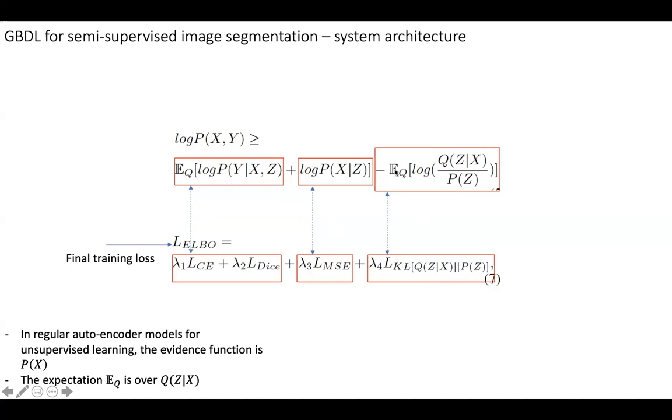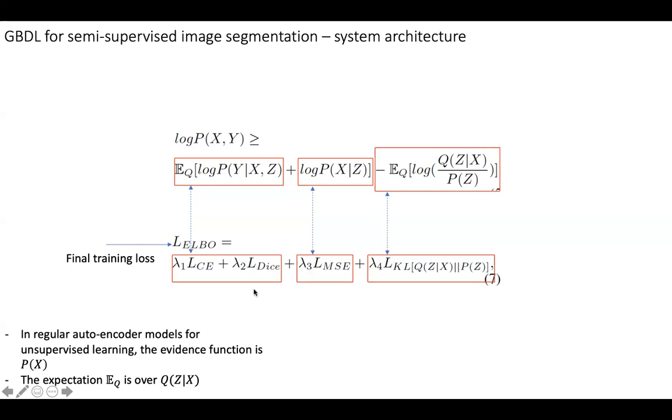So if you look at the original formulation, the three terms have a pretty good interpretation. The first one is the expectation of the conditional distribution of y given the input image and also the latent variable. The second term is the conditional distribution of the input image given the latent variable z. The third one is the ratio between the posterior probability of z and the prior distribution of z.